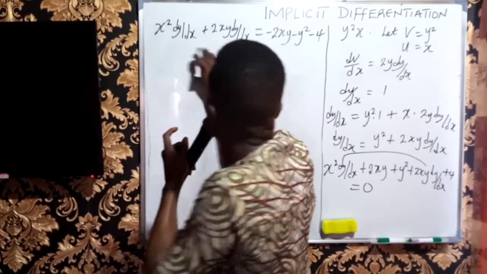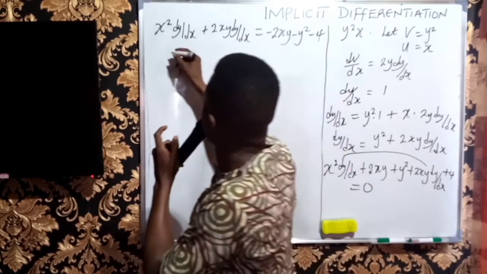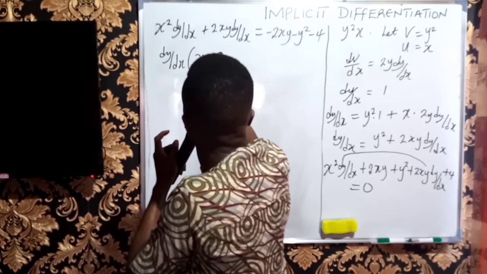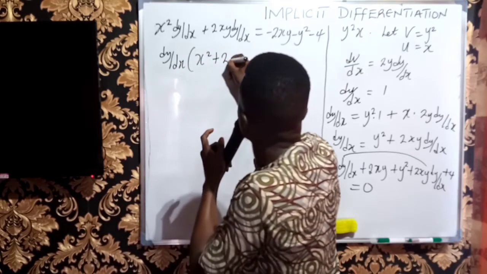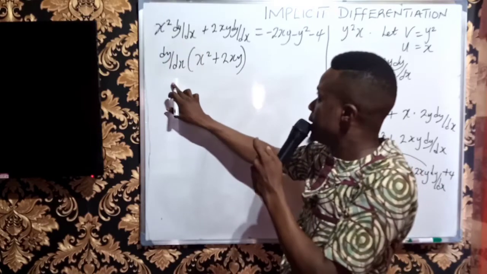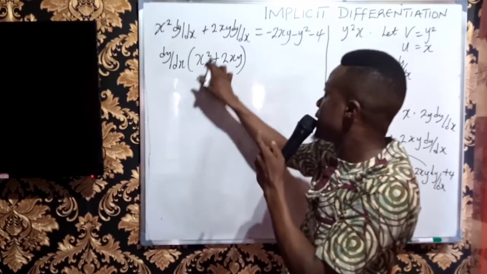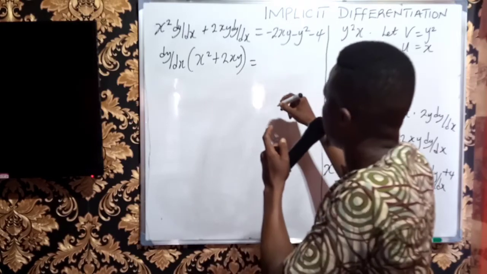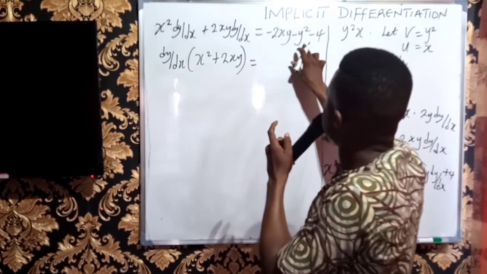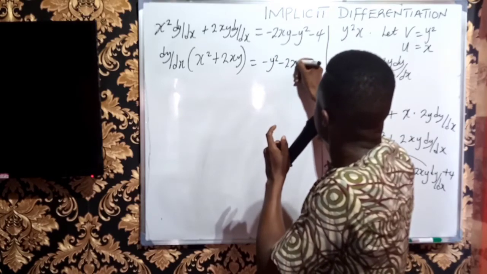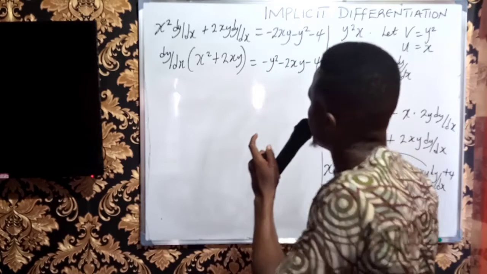So factoring out dy/dx, which is common here, I have dy/dx into x squared plus 2xy. This is what I'm having when I factor out dy/dx, because I'll be left with x squared and 2xy here, equals negative y squared, negative 2xy, negative 4.